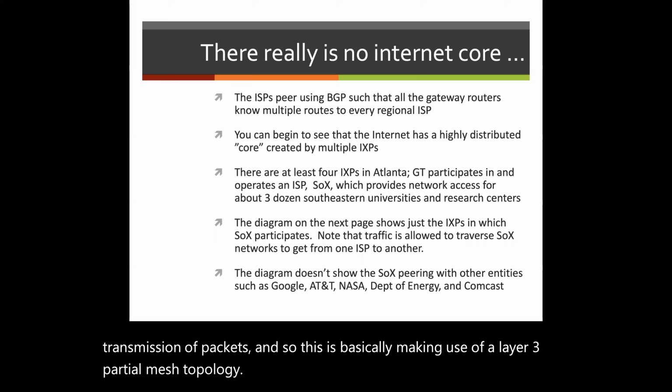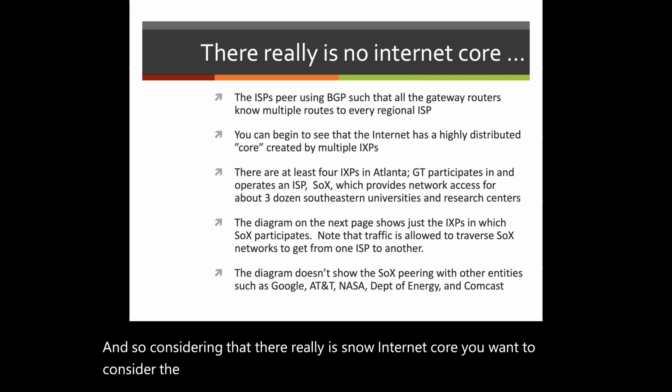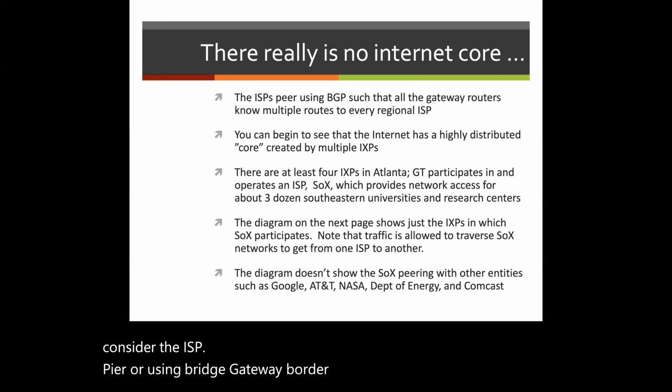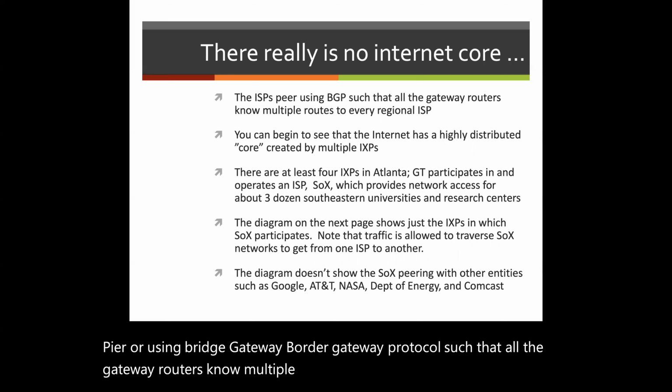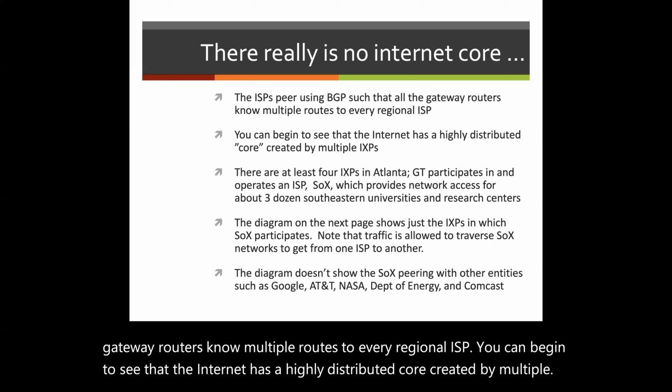And so considering that there really is no internet core, you want to consider the ISP peer using border gateway protocol, such that all the gateway routers know multiple routes to every regional ISP. You can begin to see that the internet has a highly distributed core created by multiple IXPs.